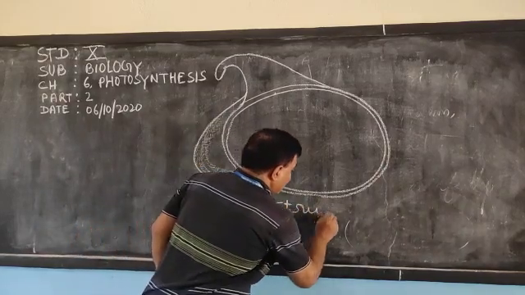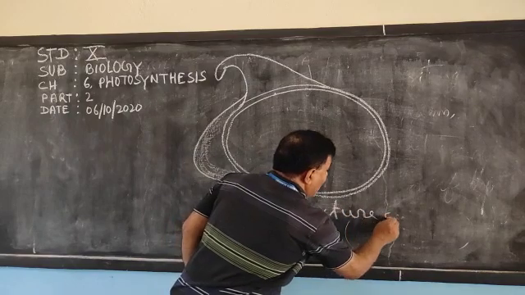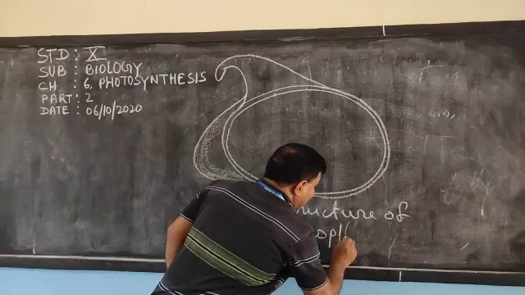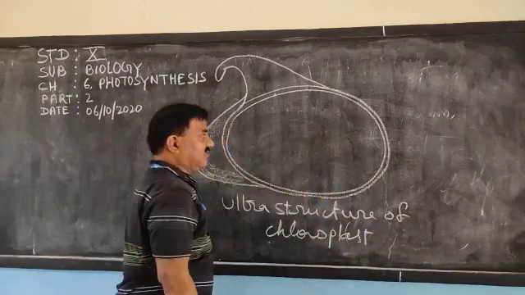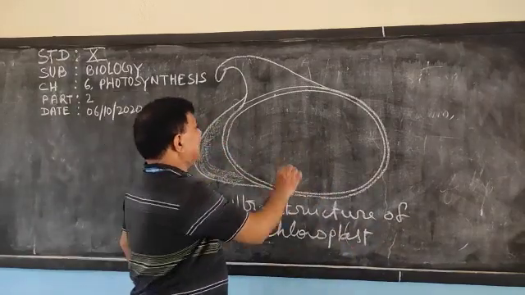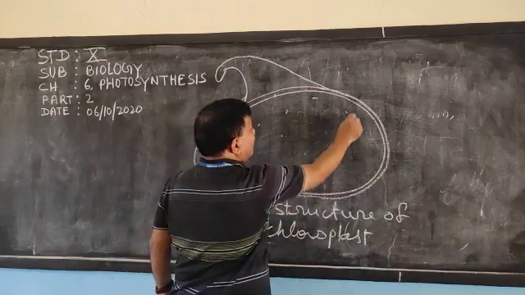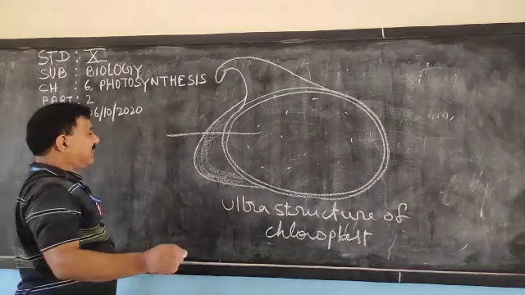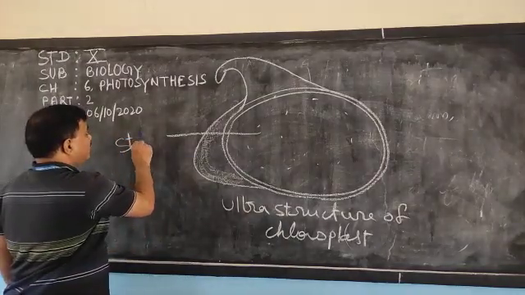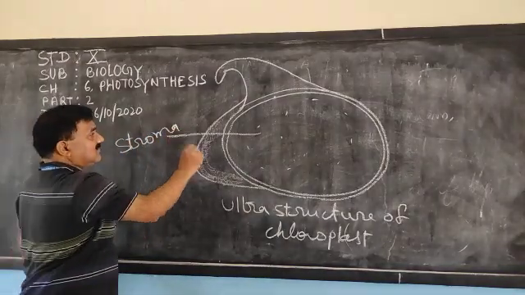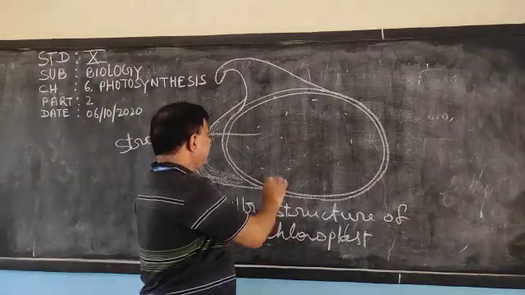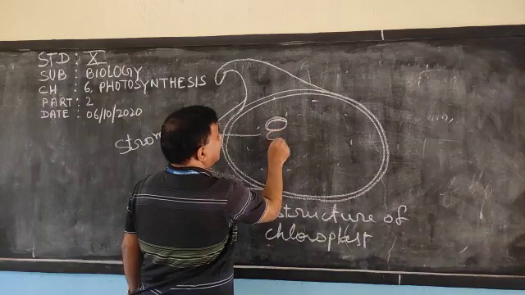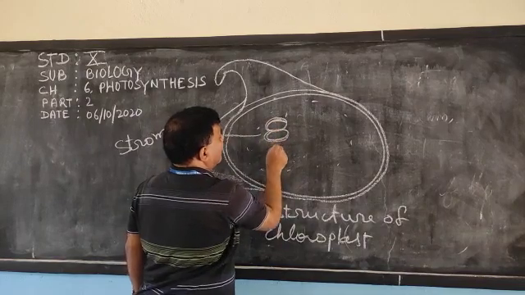This is the ultrastructure of a chloroplast. It means it is seen under an electron microscope. Now, whatever ground material is there, this part is the matrix, and the matrix here is known as stroma. Inside the stroma, such ring-like things are present.